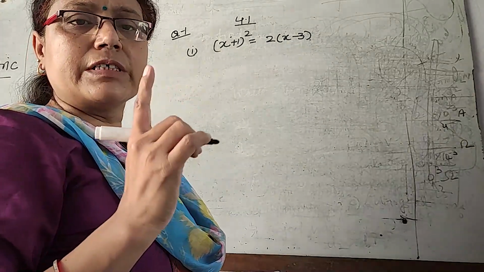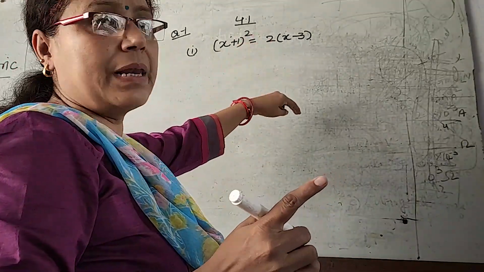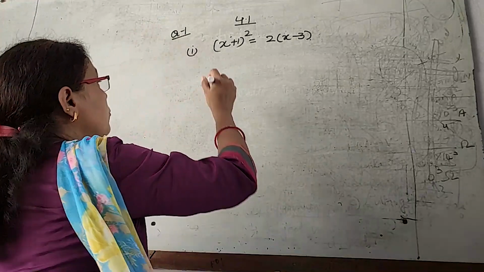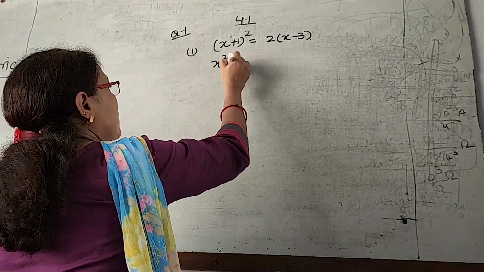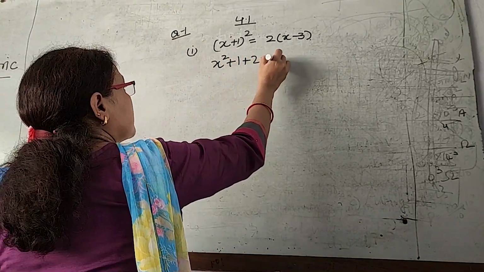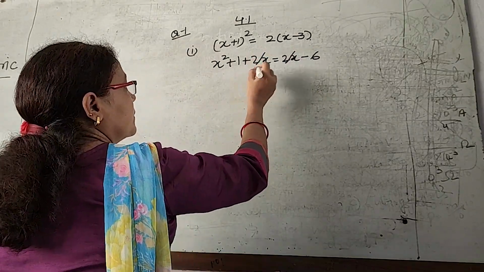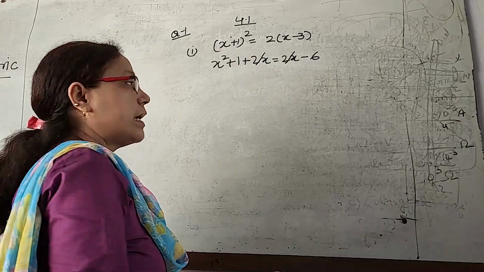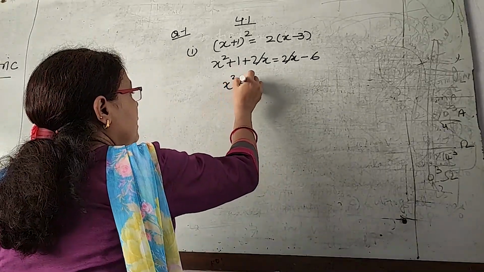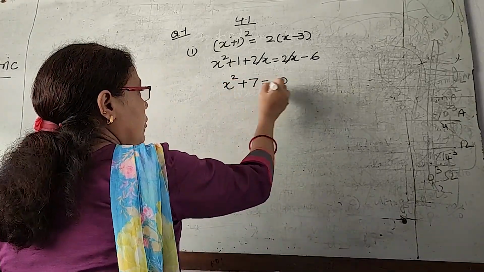As I said, our first step is to write it in simpler form. We will simplify it. So it will give x square plus 1 plus 2x equal to 2x minus 6. So 2x cancelled out on both the sides. So it will give x square plus 7 equal to 0.